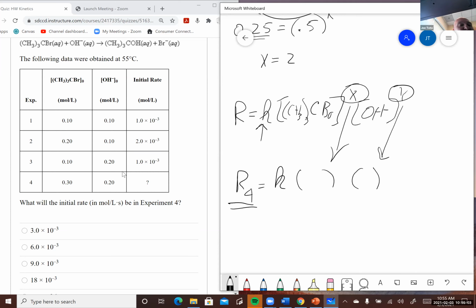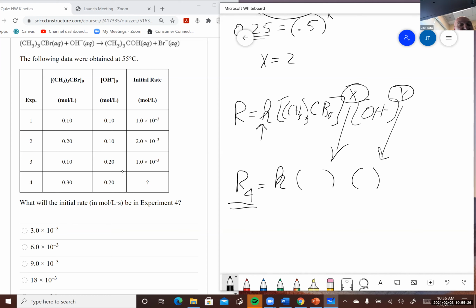So you look at experiments 1 and 3 to deduce the effect of hydroxide, OH minus, the second reactant. You see in experiments 1 and 3, the concentration of that organic bromide stays at 0.1 molar. So it doesn't change.